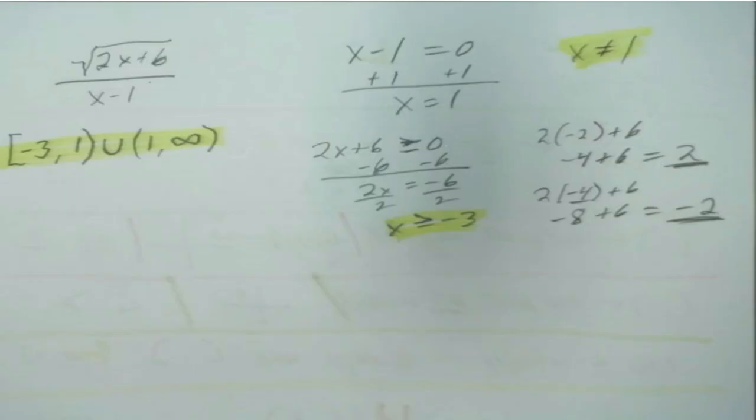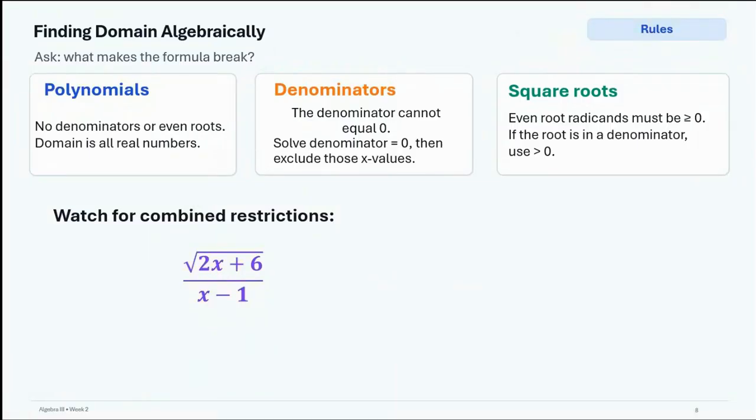And if you want to write those rules down in your notes, the rule for polynomials, the rule for denominators, the rule for square roots, that would be very wise just because you'll have those to refer to in any test or thing. The rules tell us that the square root has to be greater than or equal to 0.